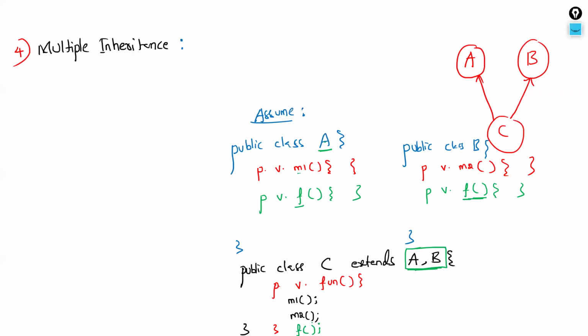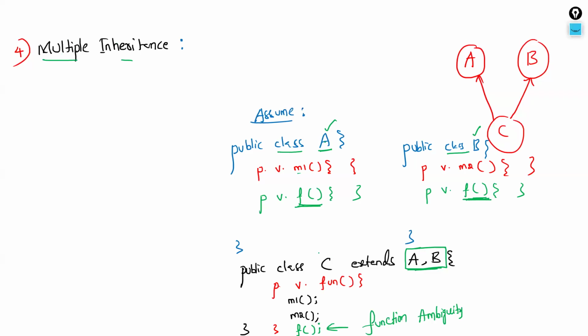What's the reason? Because of this situation. It's called function ambiguity. It's one interview question: what is function ambiguity? What is the answer? If Java supports multiple inheritance at a class level, then both parent classes can have the same method with the same signature.